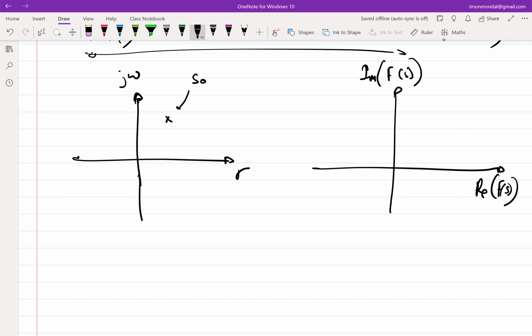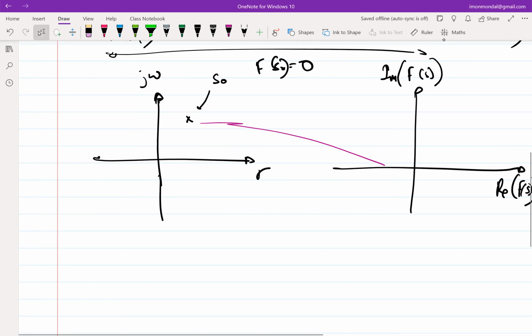Root means F of S goes to 0. So when I say S naught is a root, F of S naught is 0, so this maps to the origin.